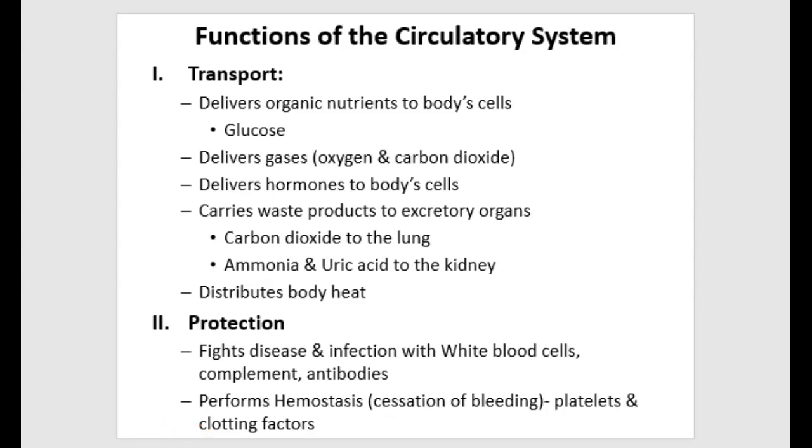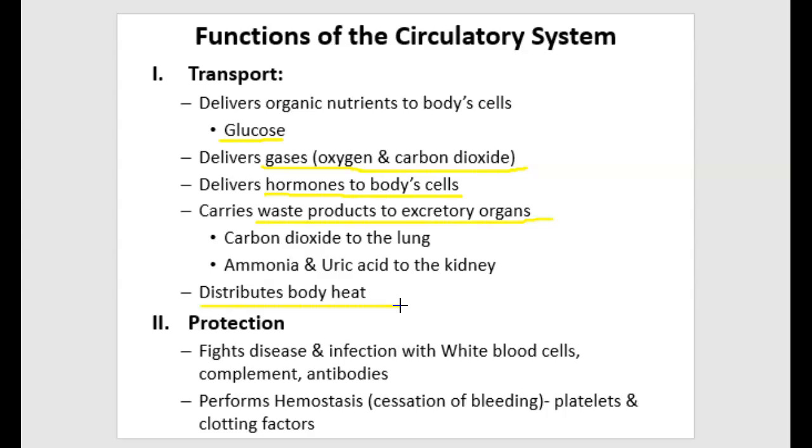Well, organic nutrients that our body has absorbed into the blood, like glucose, gases like oxygen and carbon dioxide, hormones are released into the blood and travel throughout the body, waste products produced by our tissues, and body heat, because the blood comes from the core of our body, which is the warmest, from the heart, right? Arterial blood is very warm, and that distributes body heat.